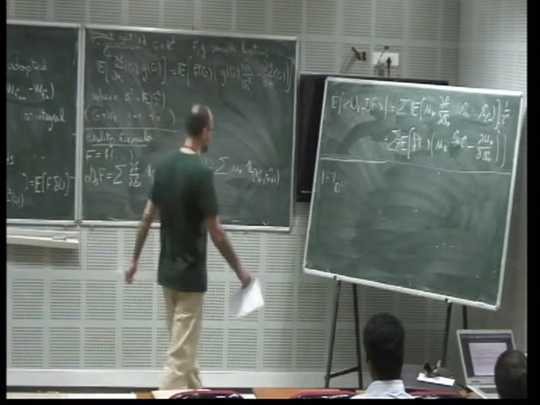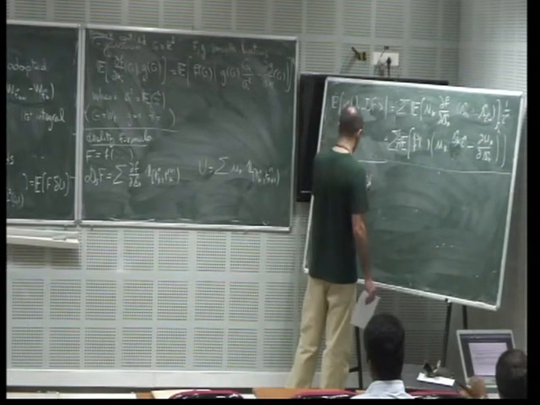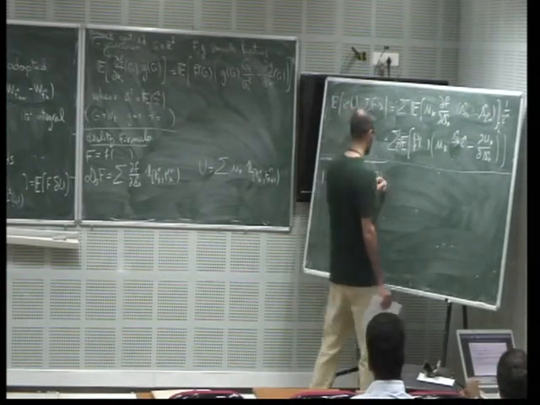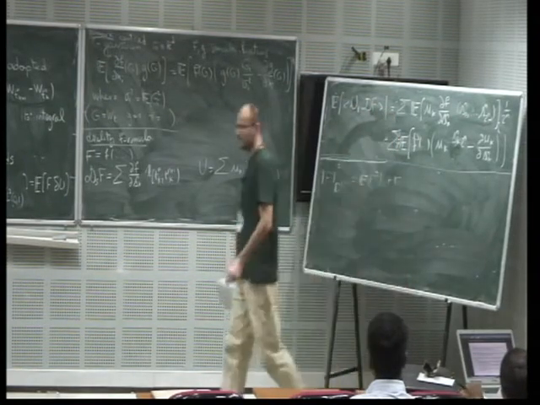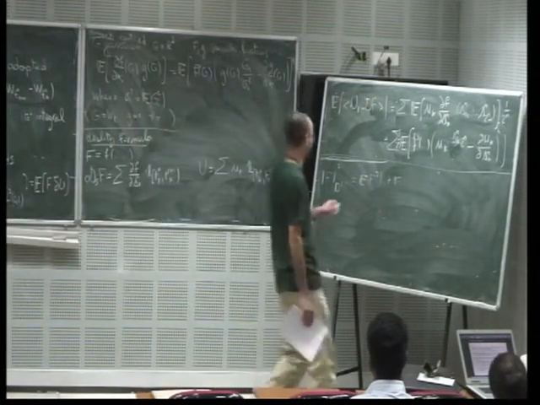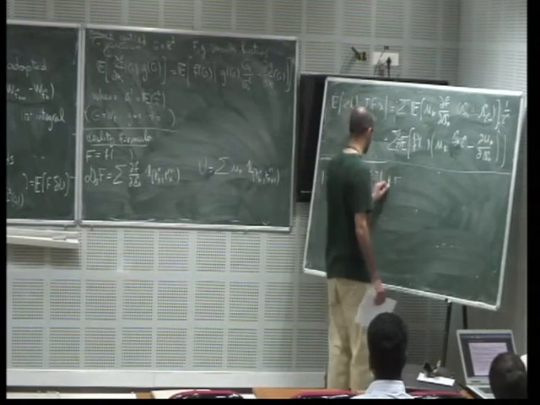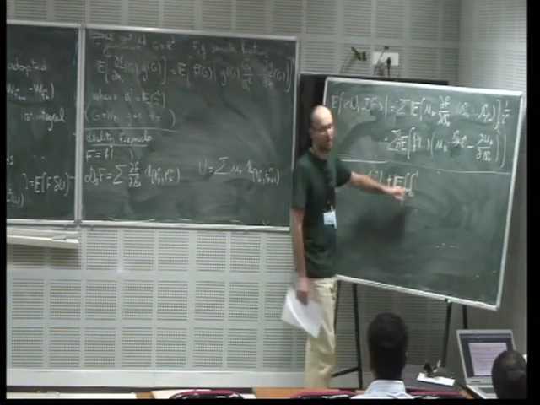So we define a norm, and its square is the expectation of f squared plus the expectation of the integral on 0, 1, because we are working in 0, 1.